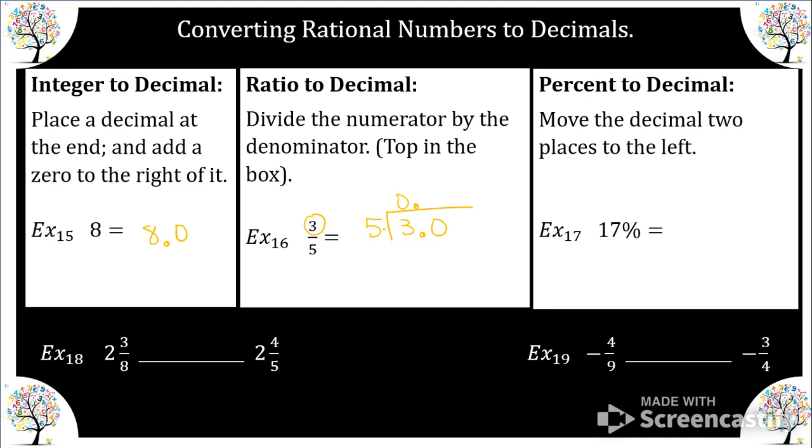Now we can look at it as 5 into 30. And 5 into 30 goes 6 times. 6 times 5 is 30. And we get 0.6 or 6/10. Simply, to make 17% a decimal, we move it 2 places to the left and we have 0.17.